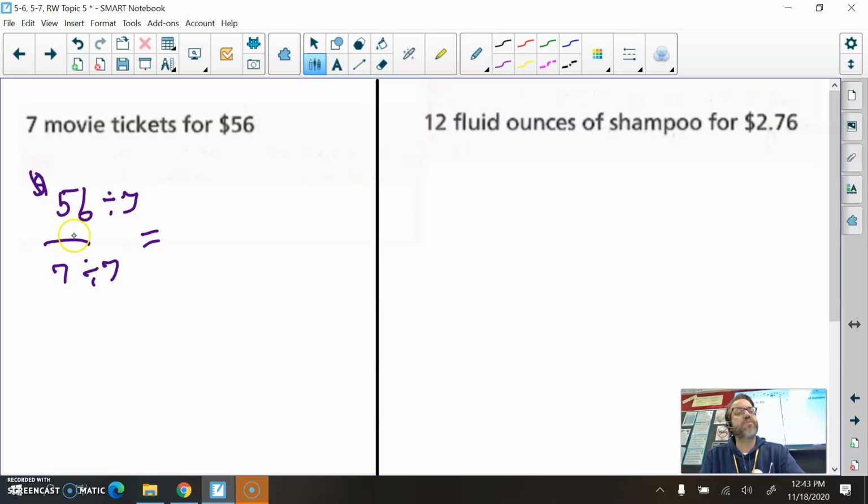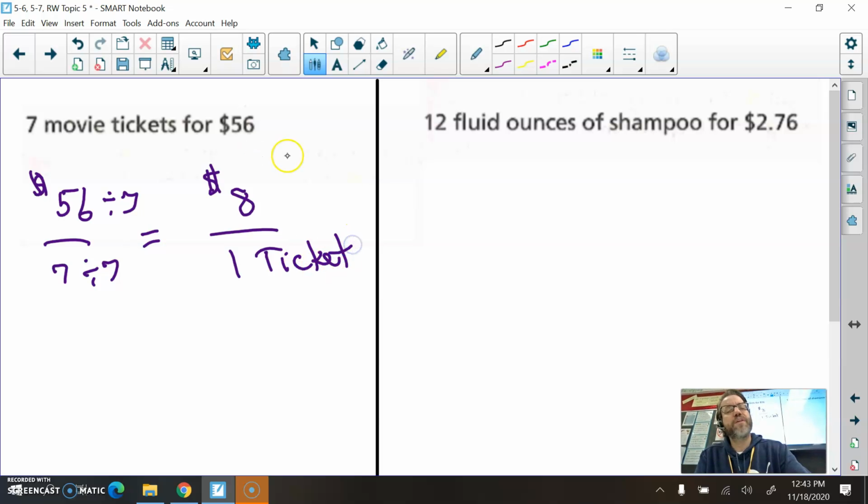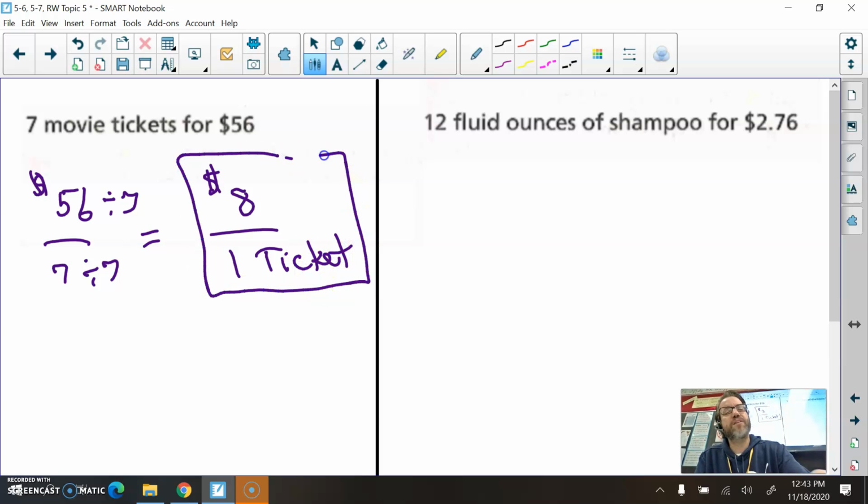It's just a division problem in effect when you're looking at your ratio. And so you find out 56 divided by 7 is exactly $8 for 1 ticket. That's your unit cost right there, $8 for 1 ticket.